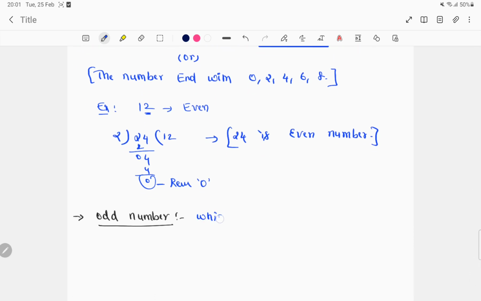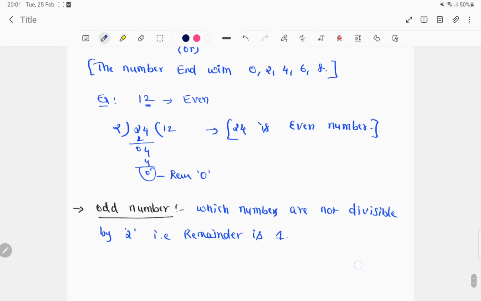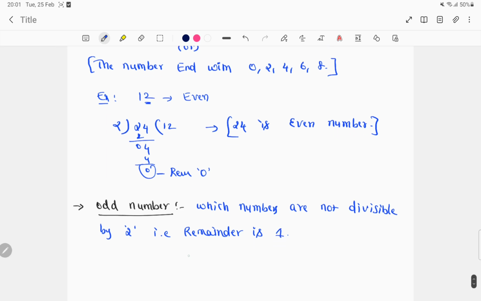Numbers which are not divisible by 2, that is the remainder is 1. Not divisible means you'll get remainder 1. Then it is called an odd number.